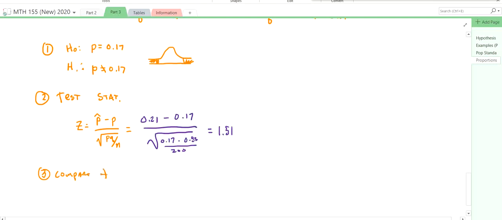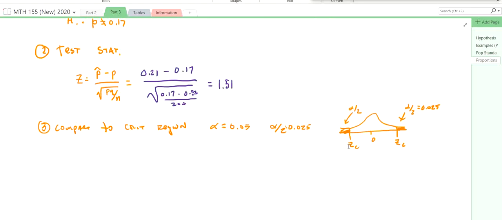Okay. Let's compare to our critical region. So if alpha equals 0.05, alpha over 2 is 0.025. Our degrees, well, we don't have degrees of freedom. So here's what two-tailed will look like. This area on either side here is going to be 0.025.